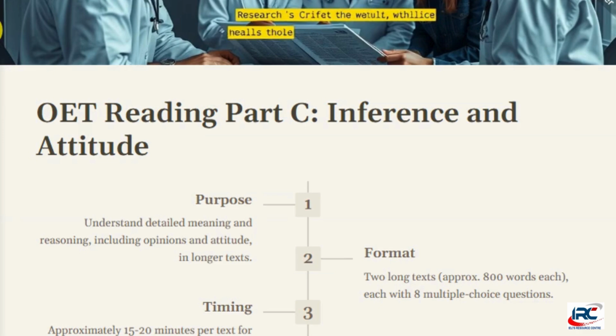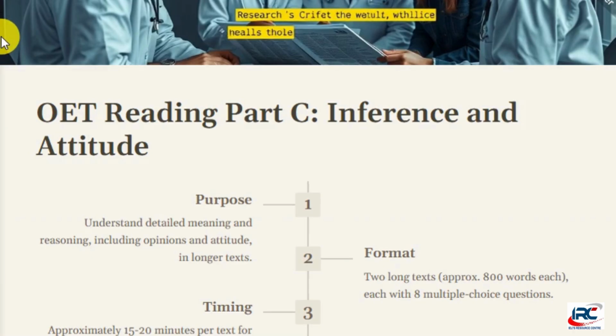Take note of that. Each of the texts is accompanied by 8 multiple choice questions designed to assess your ability to grasp the overall meaning and purpose of the text, and also identify the writer's attitude, the writer's opinion, or maybe the writer's tone. Then also make logical inferences based on the information provided. These are things you need to know.